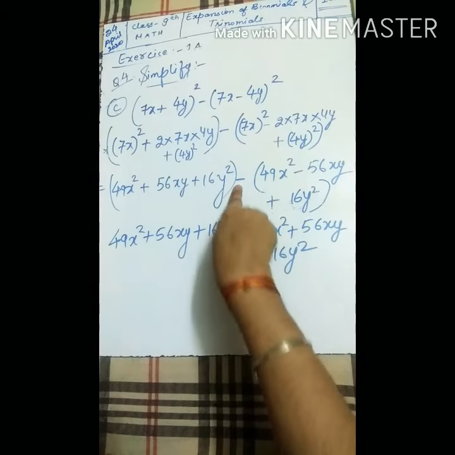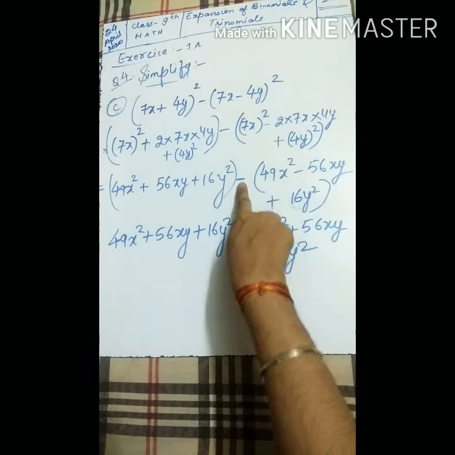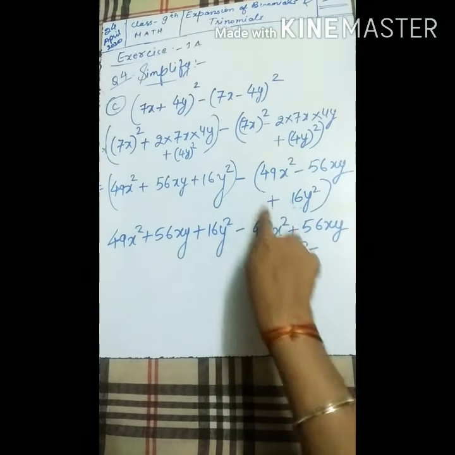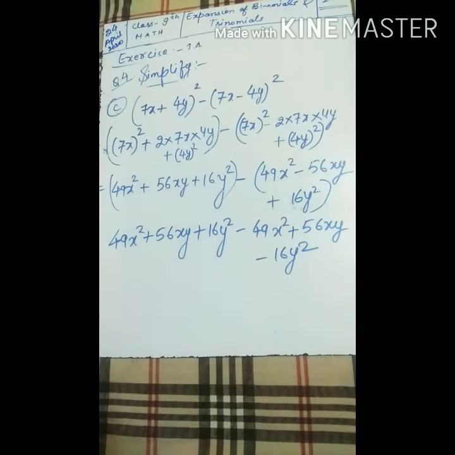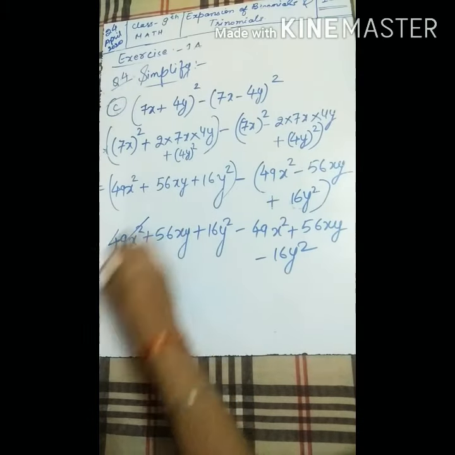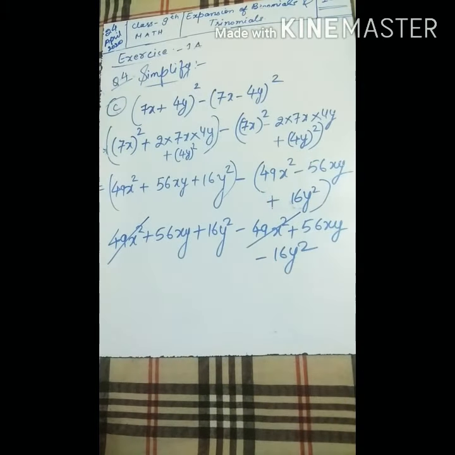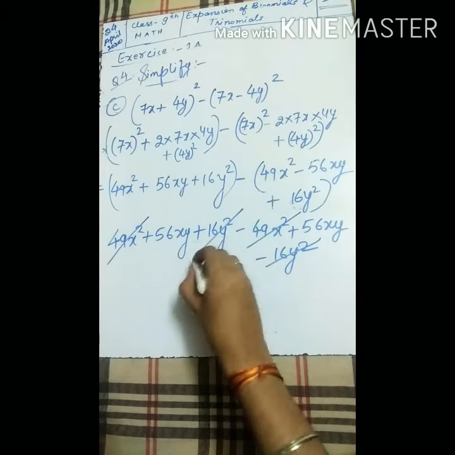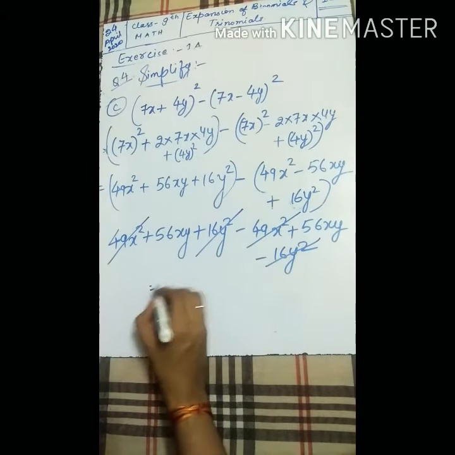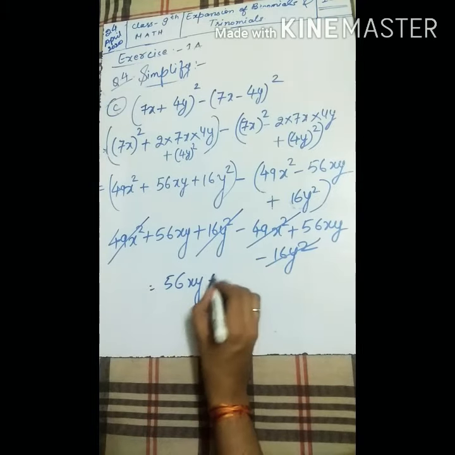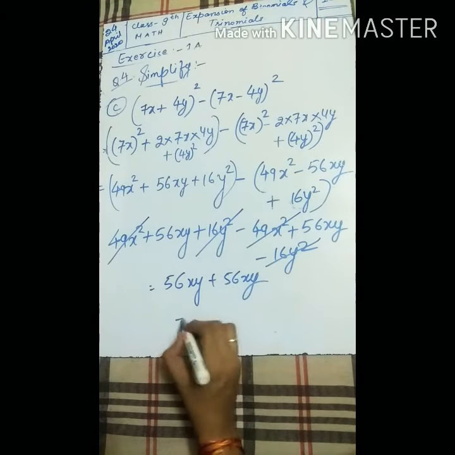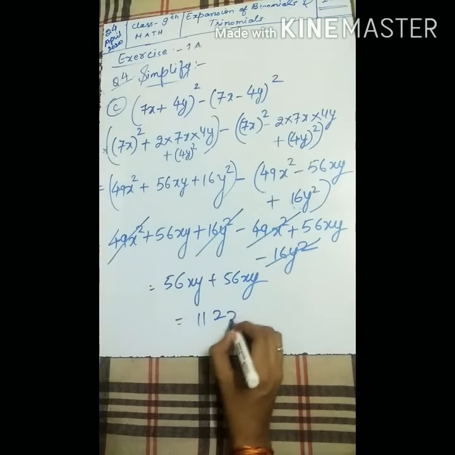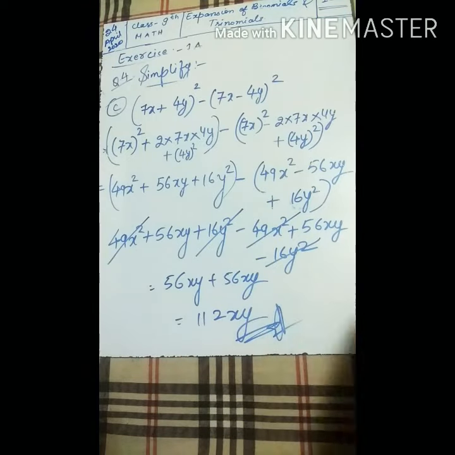Now this minus sign will go inside the bracket, this will become minus, minus minus will become plus, and this minus plus will become minus. Now what will happen here, 49x square can easily get cancelled with this 49x square, and this 16y square will get cancelled with this 16y square. We are left with 56xy plus 56xy. 56 plus 56 will give you 112xy. So this is the answer.